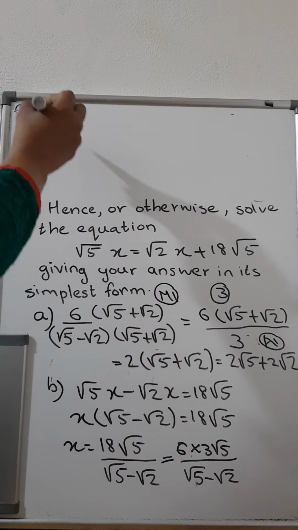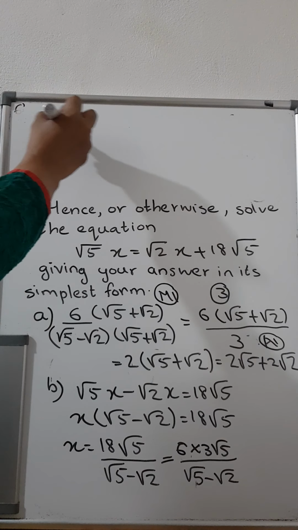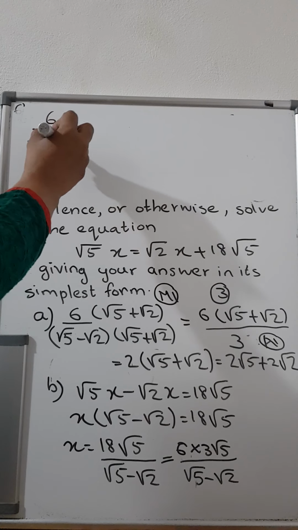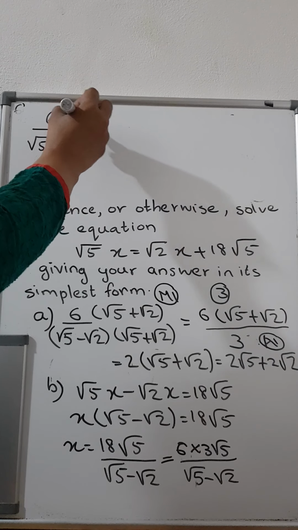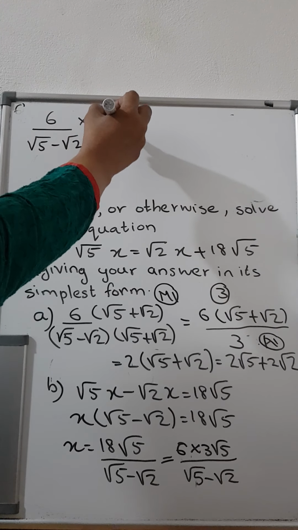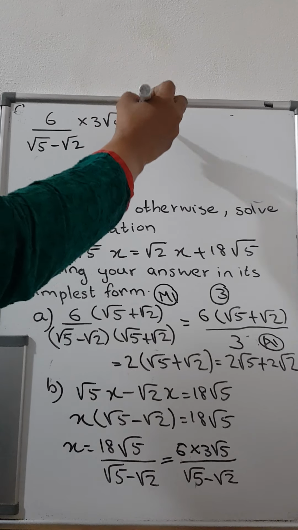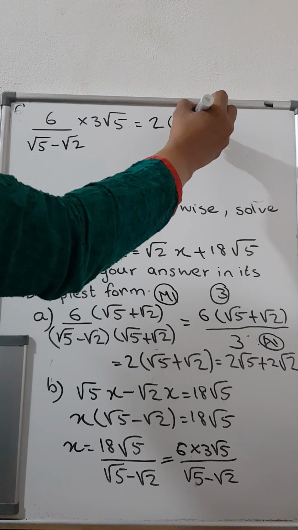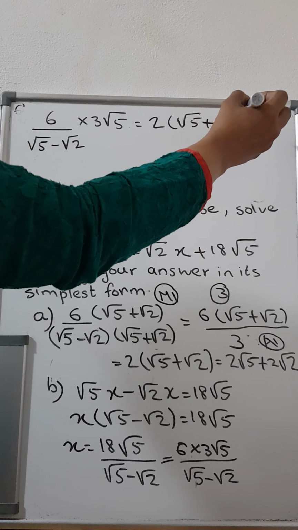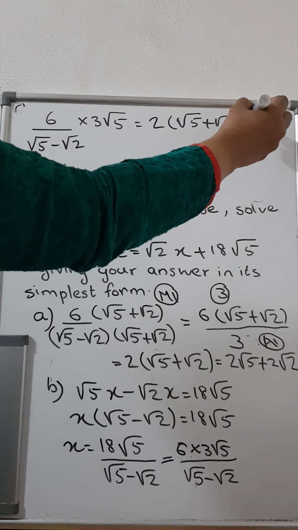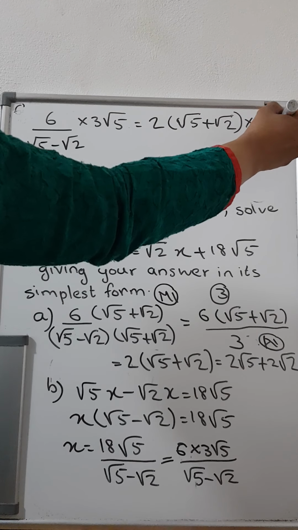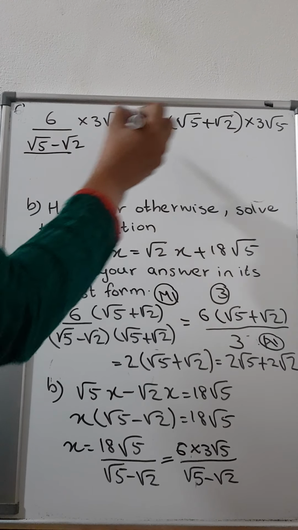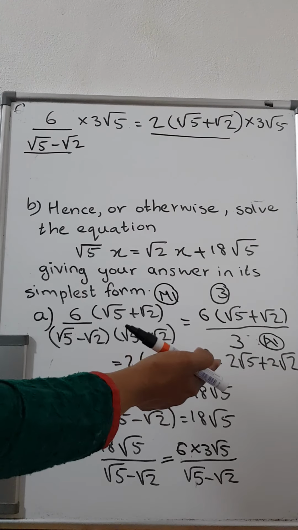So this part, 6 divided by root 5 minus root 2 times 3 root 5, we can rewrite as 2 times root 5 plus root 2 times 3 root 5. This part is same as this one. We got that in the a part.